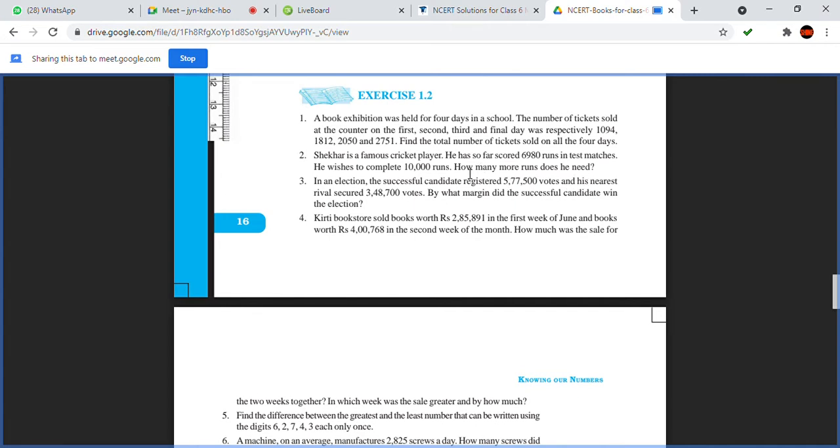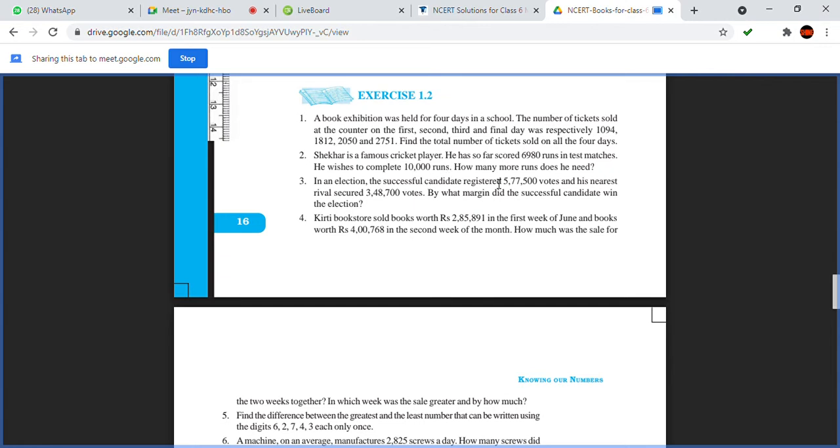How can we find that answer? Subtraction. Okay, all of you say the same. So you can start. Then the runs he scored we can write, and after that the number of runs he wished to complete, that also is given.